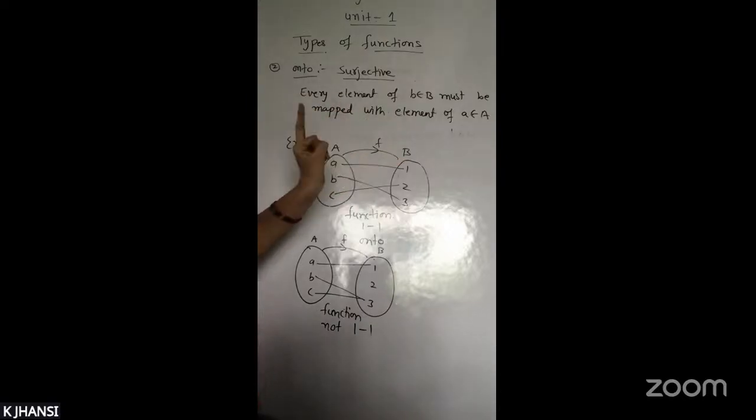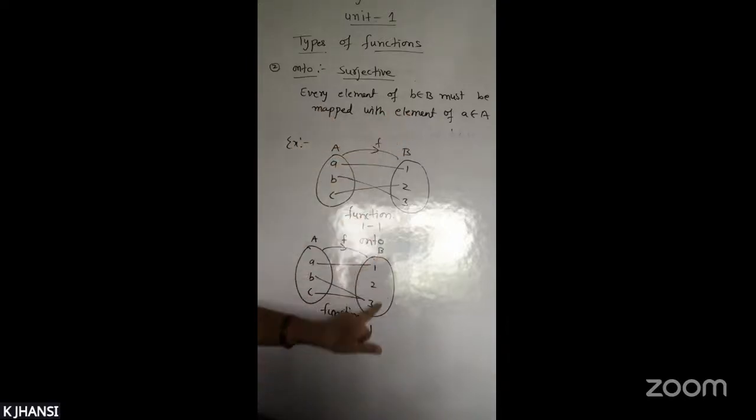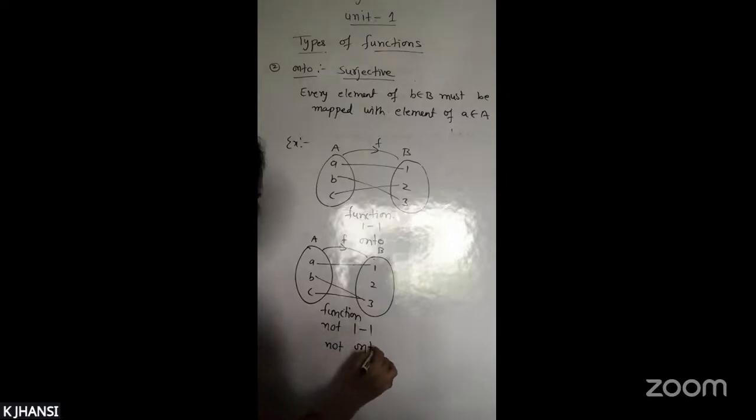Every element in set B should have an image here. But here 2 does not have an image, no? So that condition is not satisfied. Therefore, it is not onto. So like this, we can see from the examples which are one-to-one functions and which are onto functions.